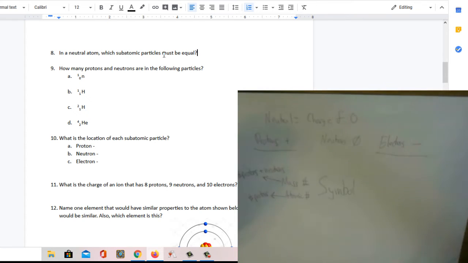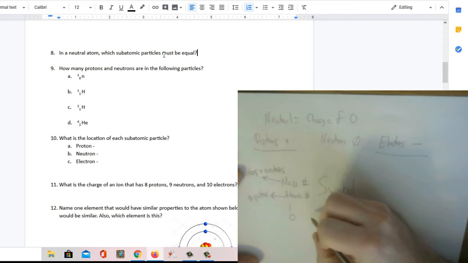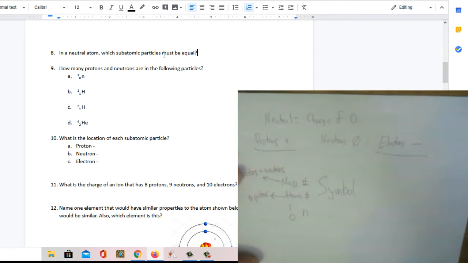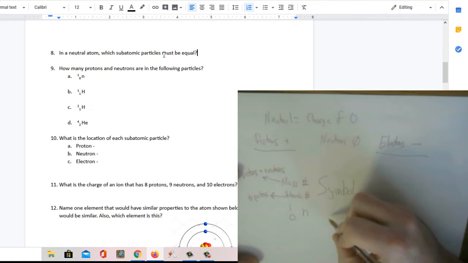Okay, so if we have 1 over 0, and n, it's lowercase, so it's not an element if it's lowercase by itself. Atomic number is 0. If its atomic number is 0, that means you have no protons. So 0 protons.